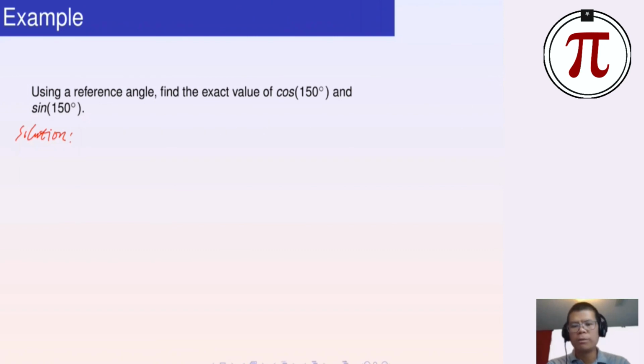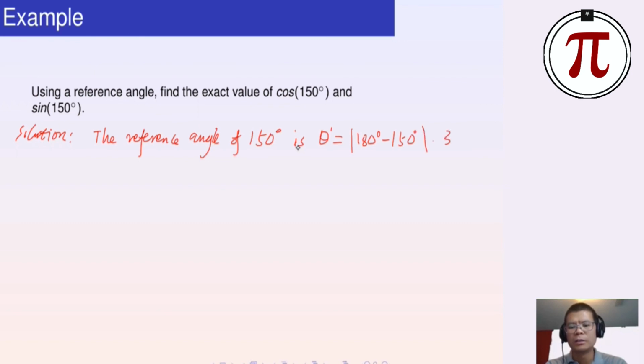Step 1 is to find the reference angle. So what is the reference angle of 150? 30. Very good. 150 is in the second quadrant, so the reference angle equals the absolute value of 180 minus 150, which equals 30 degrees.